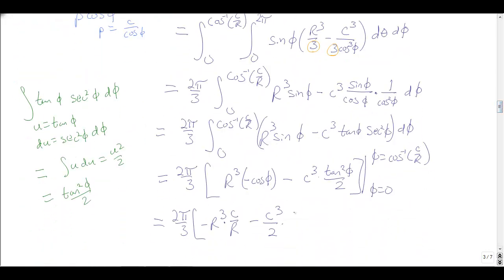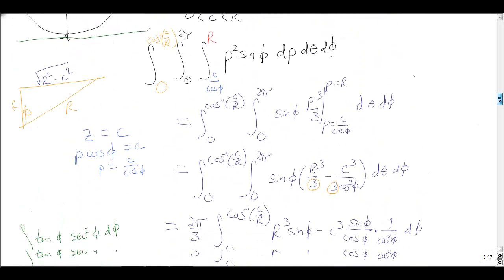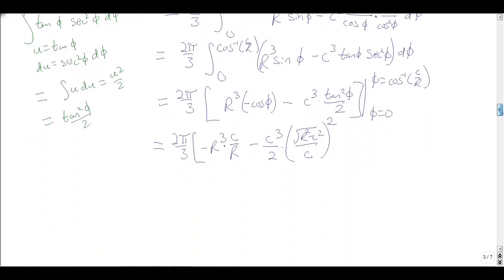So I'm going to get the square root of r squared minus c squared over c, and that whole thing is squared. The angle that gives us cosine c over r is this phi, and it has a tangent of opposite over adjacent, which is the square root of r squared minus c squared over c, squared. So that's when we plugged in phi equals cosine inverse c over r.